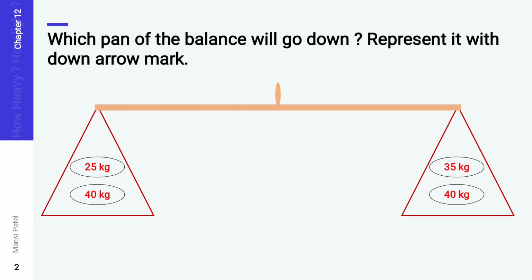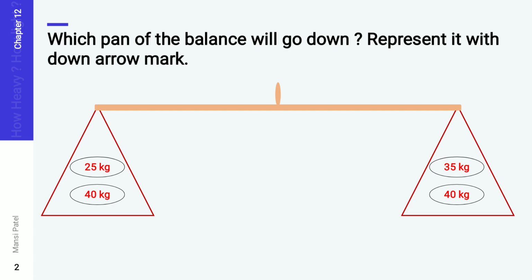On the left hand side, there are the measurements of 25 kilogram and 40 kilogram. What is the addition of it? That is 25 plus 40, that is 65 kilogram. Whereas on the other side there are two other measurements, and the addition of both is 75.